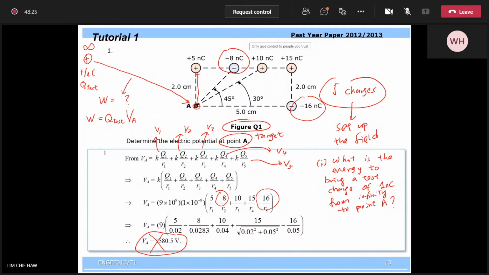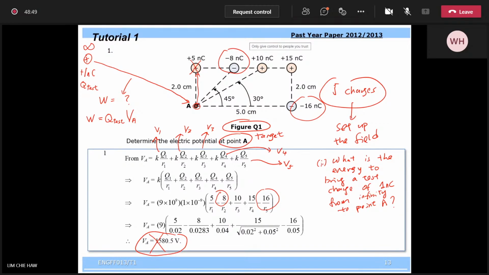In this situation, how many charges have a field? You have only 5 charges setting up a field, isn't it? Because you bring the test charge to the location of the 5 nanocoulomb charge, the field set up by this one can't be counted. So in this case, there will be 4 charges setting up the field.